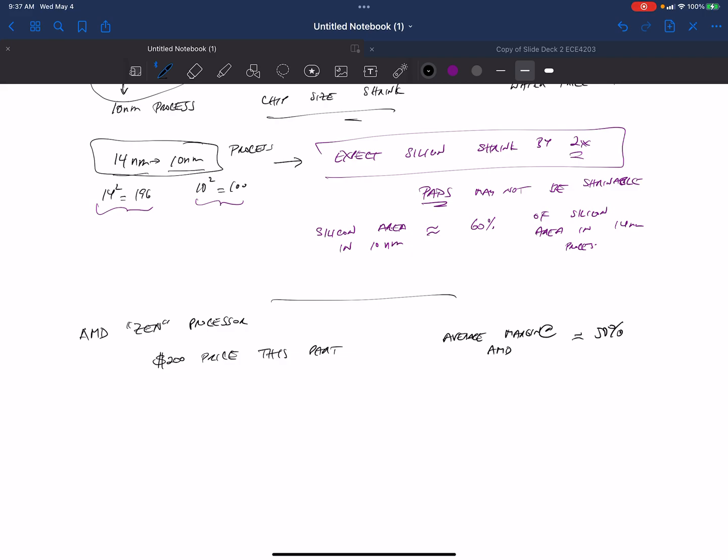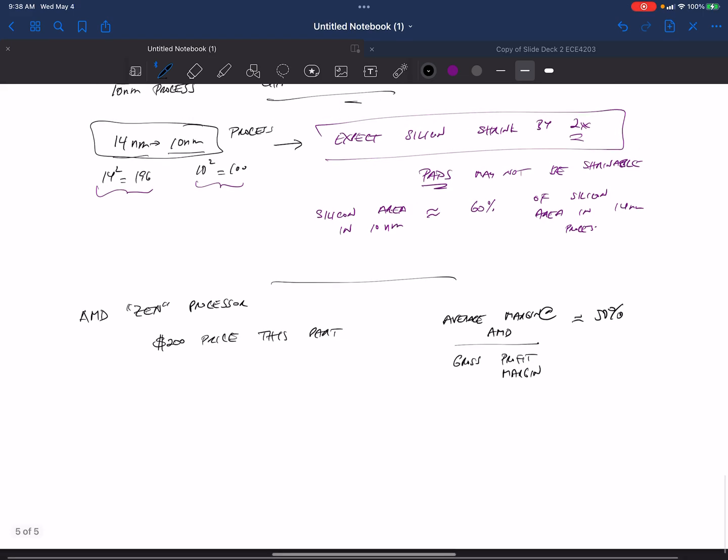Okay, this is the average margin. There are different words for the same thing; it's also called gross profit margin. So this is the first place where it's easy to go wrong. Let me give you the equation for this. The gross profit, you can look this up on Wikipedia or whatever, is the sales price minus the cost of goods sold.